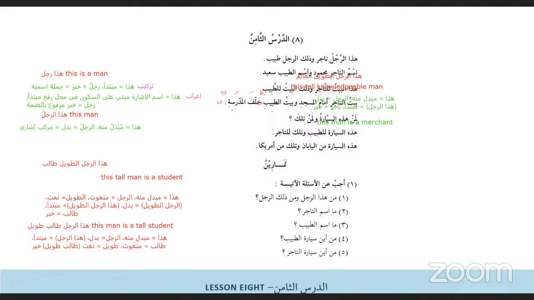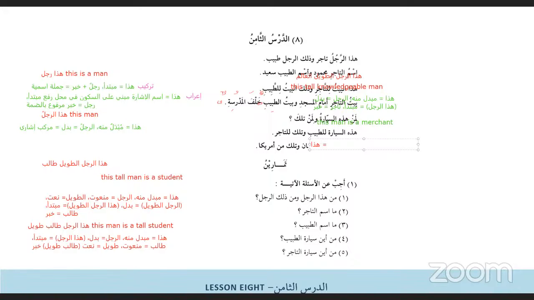Now we'll do tarkib on this, because it's a bit different to the previous sentences. So let's see if you can help me out here. What's هذا here? What does هذا equal? We should know from هذا البيت, that much we should know. Yes, it's Ismul Ishara, but we're not doing the Arab side of things.